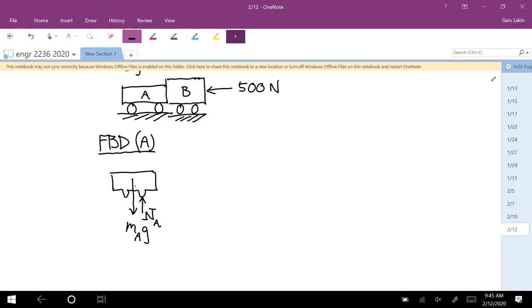And then there's a pushing contact from cart B. So again, just like with this normal force, that's perpendicular to the surface of contact toward the chosen body. So like that.